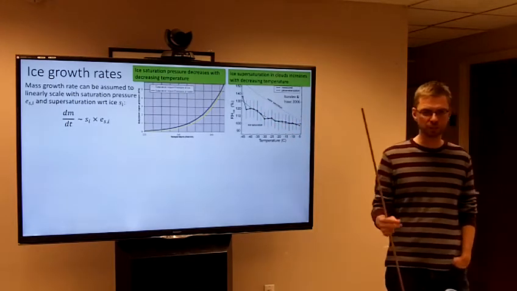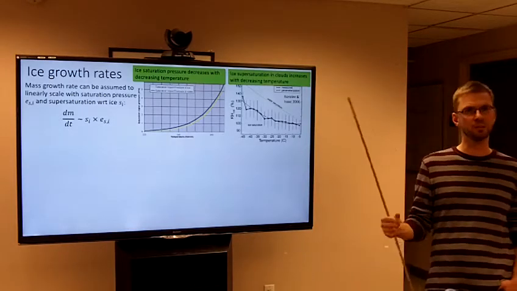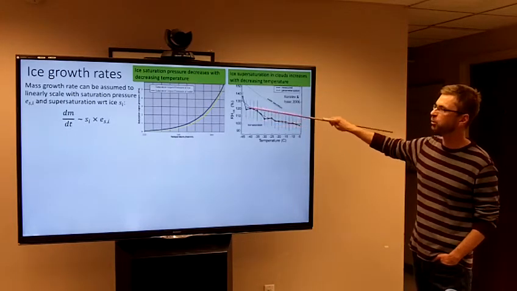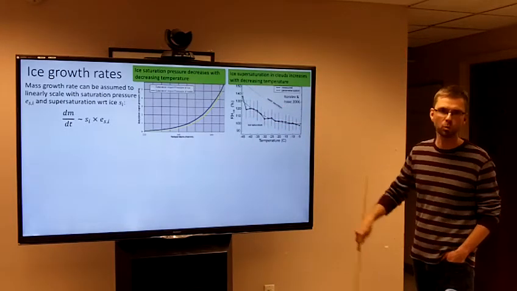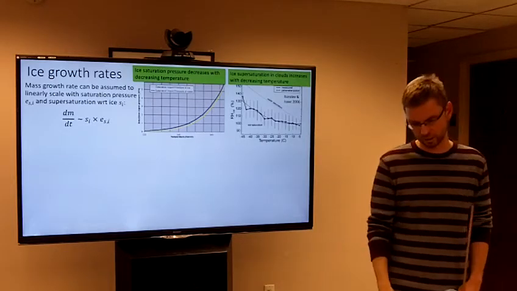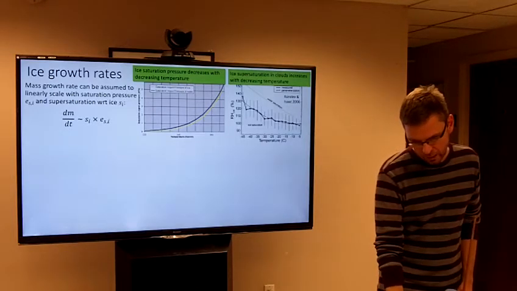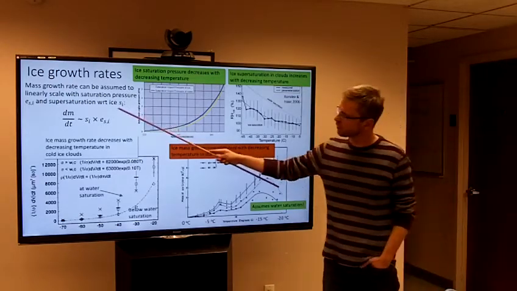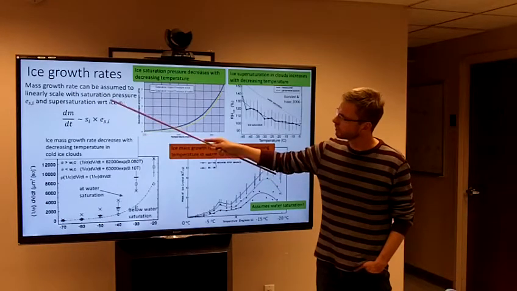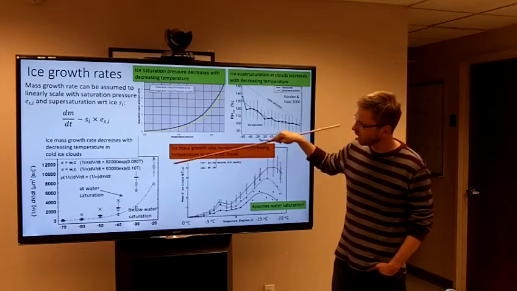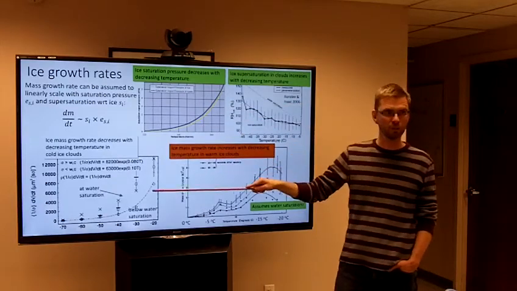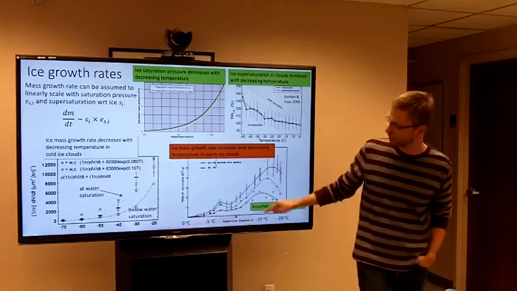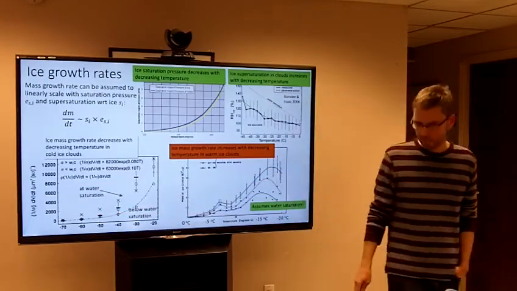So these are supersaturations measured in ice clouds, actually in pretty thick ice clouds. And they're always supersaturated, of course, but they are below the water saturation at that temperature. So what this leads to is that the saturation pressure of ice goes down as you go to colder temperatures. So the growth rate decreases, which is shown in these plots from Bailey and Hallett.